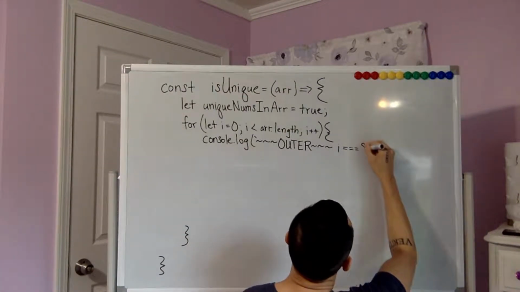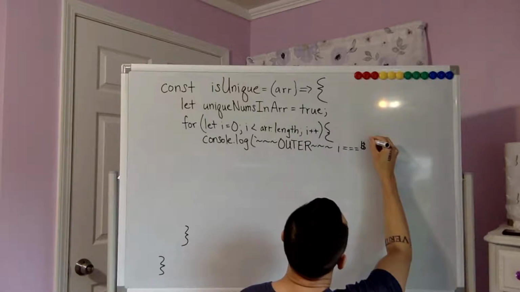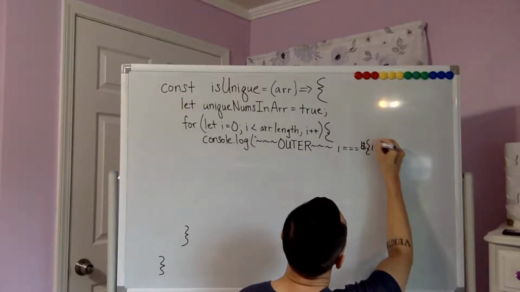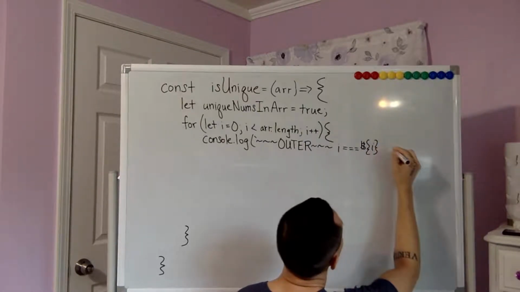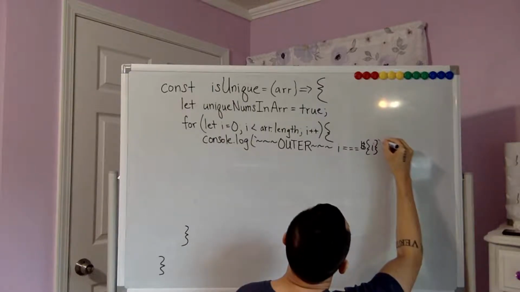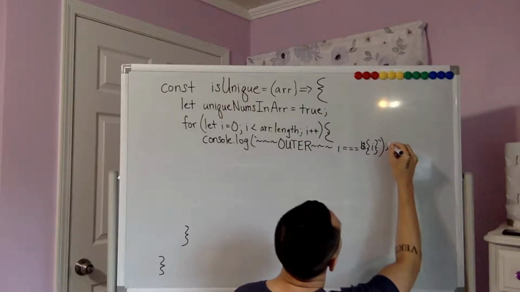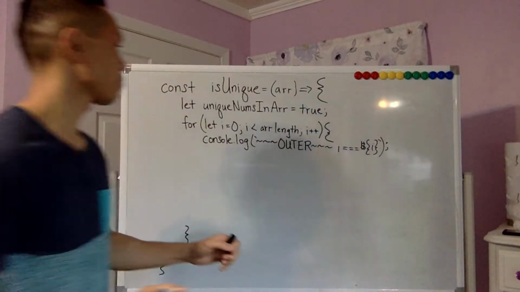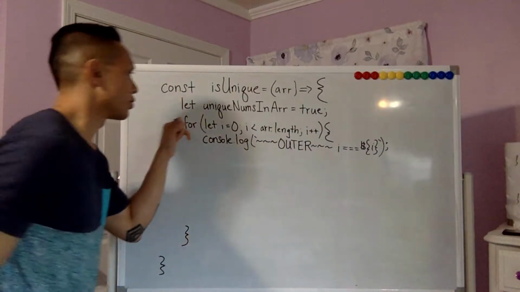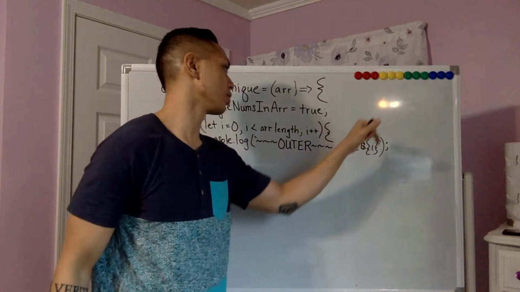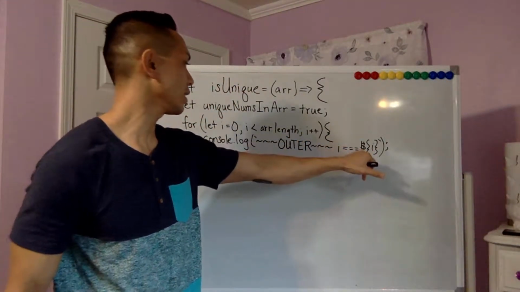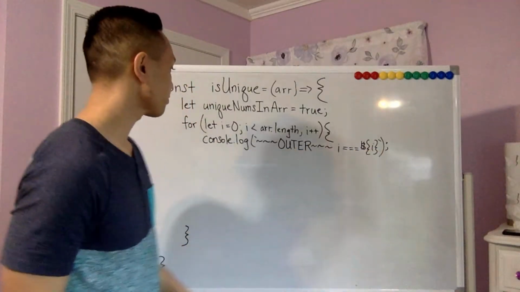So we're going to put a dollar sign here with the curlies, add i in there, and we'll add the backtick, close the parentheses, and then add our semicolon, like that. So now anytime it iterates through this outer loop, it's going to print the value of i using interpolation.